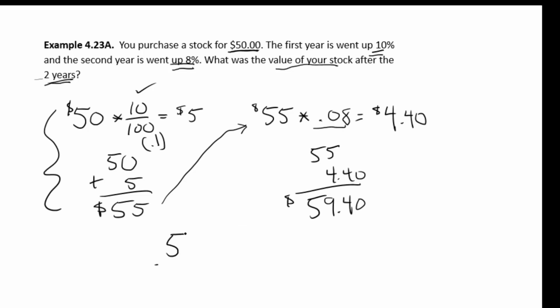I could have gone 50 times 1.1 times 1.08. Now take a minute and put that in your calculator and see what you get.